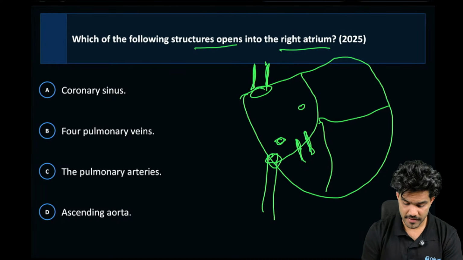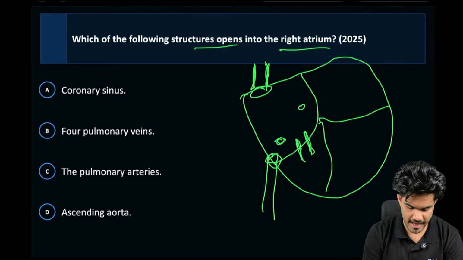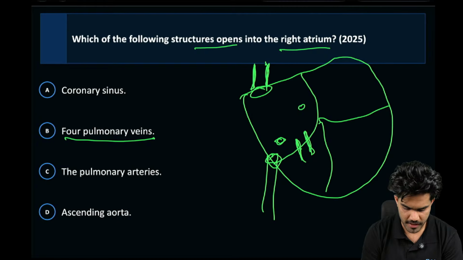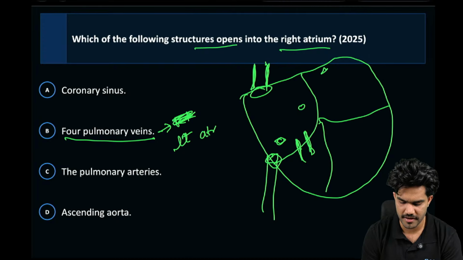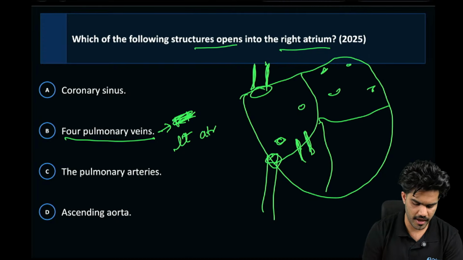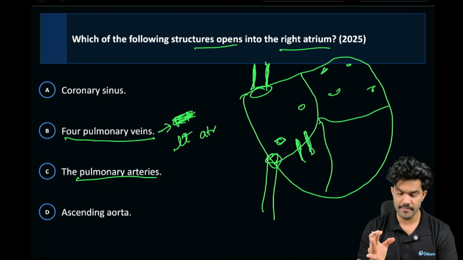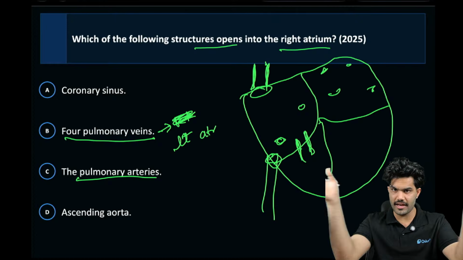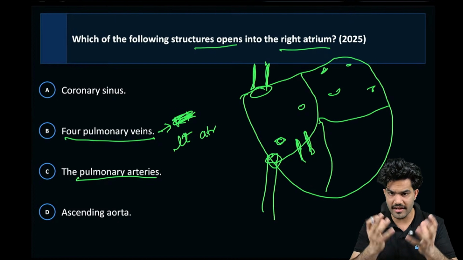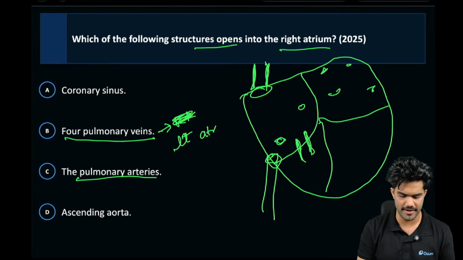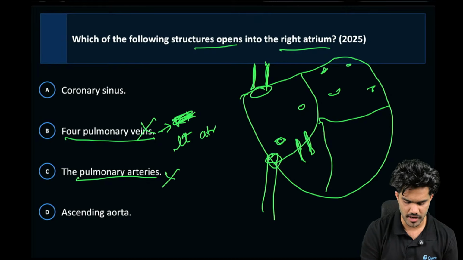Focus on option B, 4 pulmonary veins. No, it's not right. It is the left atrium where the 4 pulmonary veins open. Pulmonary arteries, no. The pulmonary artery carries deoxygenated blood from the right ventricle to the lungs. So this will not be the answer.